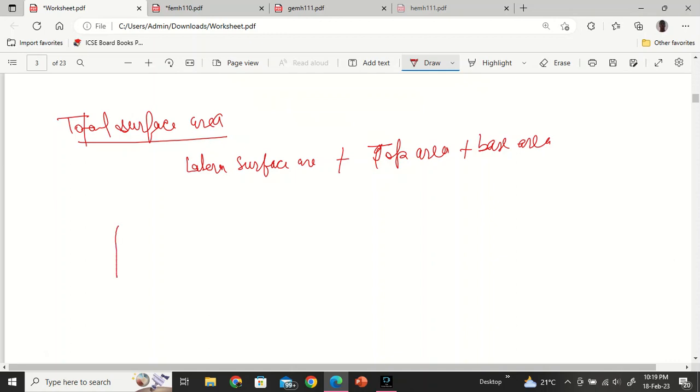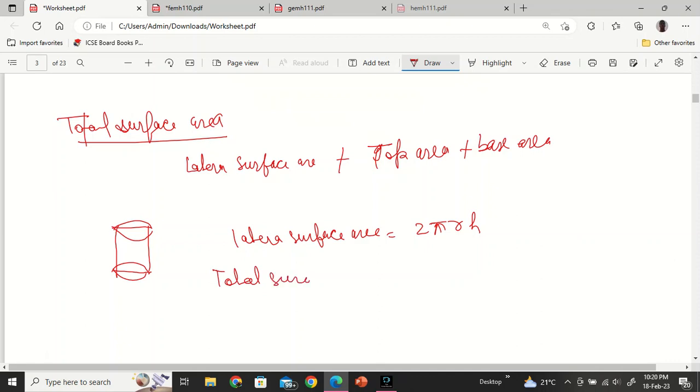If you have studied the cylinder, its lateral surface area is equal to 2 pi rh, and the total surface area is equal to 2 pi r into r plus h.